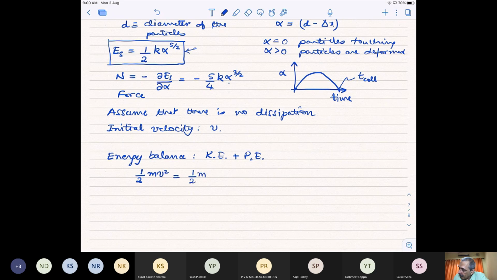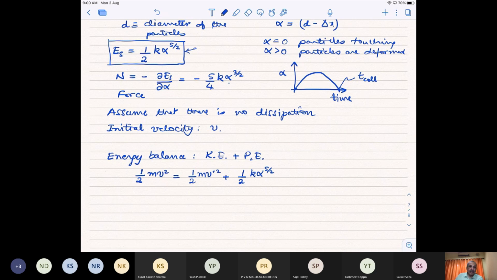So that's half m, and I'll just call it v prime squared, where this v prime will depend on the alpha, plus the potential energy, which is just half k alpha raised to the power of 5 by 2. So this is the energy balance.